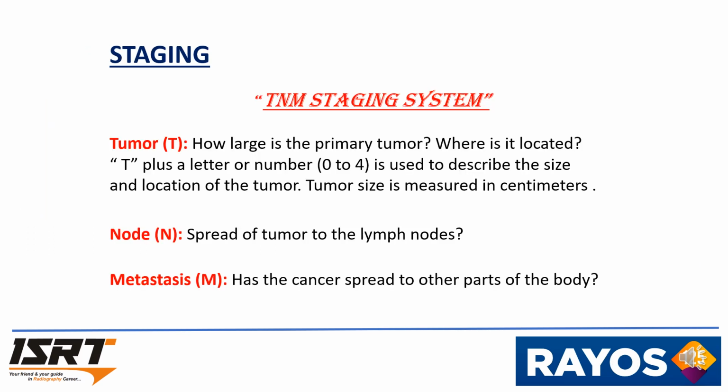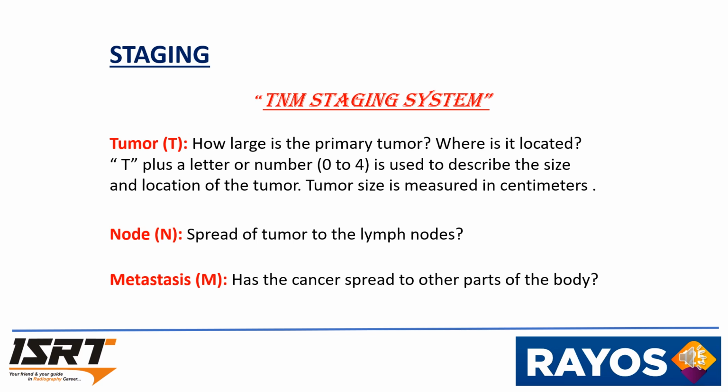Staging. TNM staging is followed. T stands for tumor. It means how large the tumor is, whether it is the primary tumor, and where it is located. T plus a letter or number, that is 0 to 4, is used to describe the size and location of the tumor.